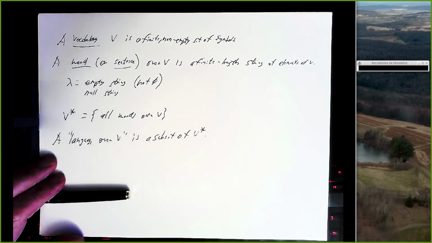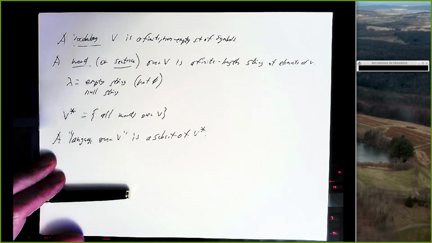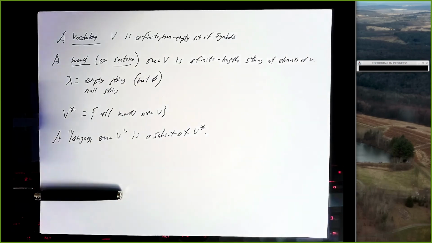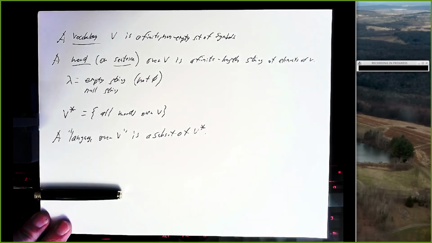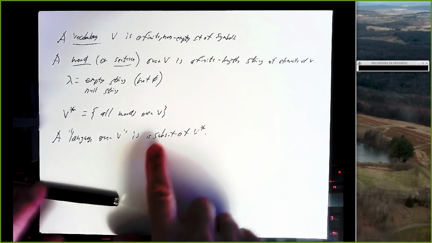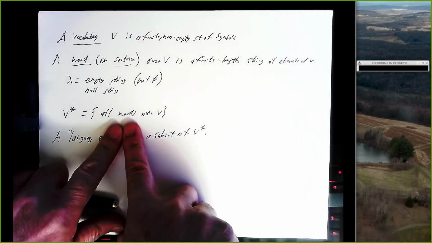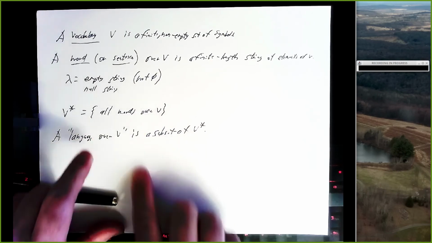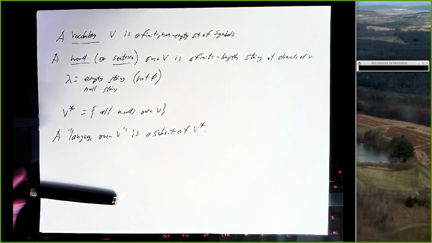All right, so the approximate mental picture I have in mind, V is like a set of letters. A word over V is just a string of those letters glommed together side by side. V star is the collection of all words of finite length. And a language over V is some subset of that V star. It's some collection of particular words, which are just strings of letters glommed together side by side.